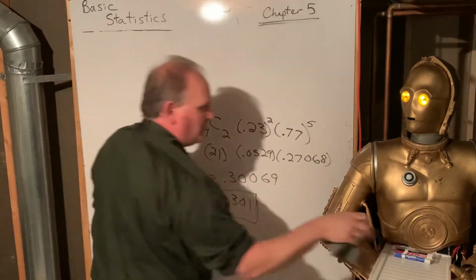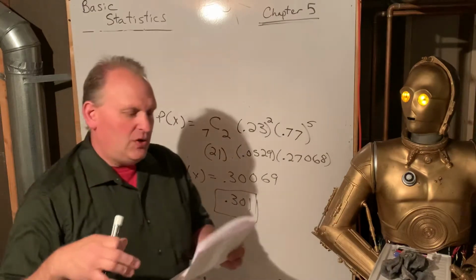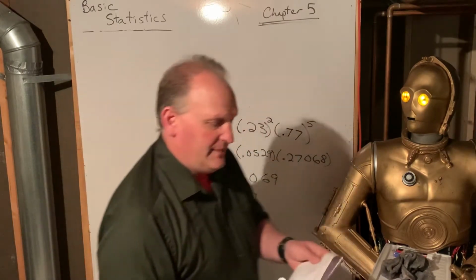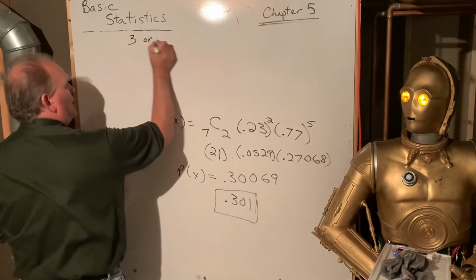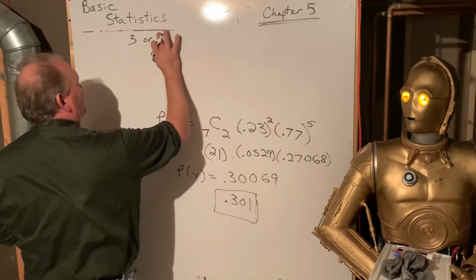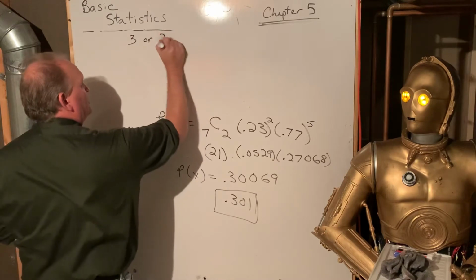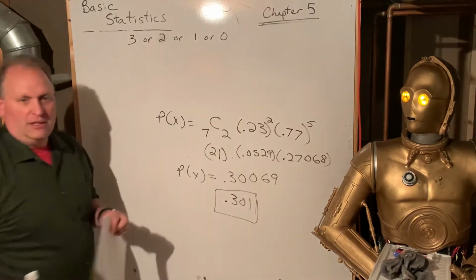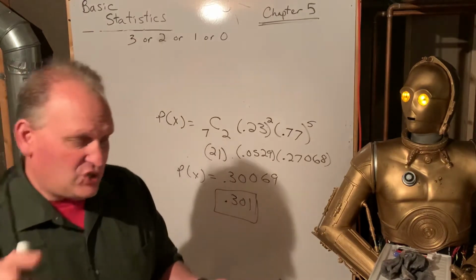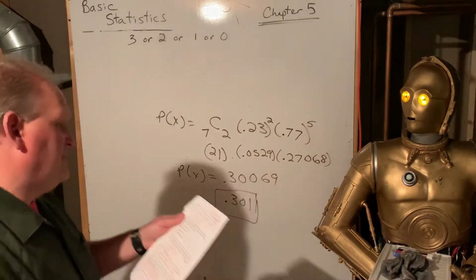It's still a binomial experiment, but now there's an "or" factor added to it, meaning 3 or fewer means 3 or 2 or 1 or 0. So that means we have to find each one of those and then add them all together.